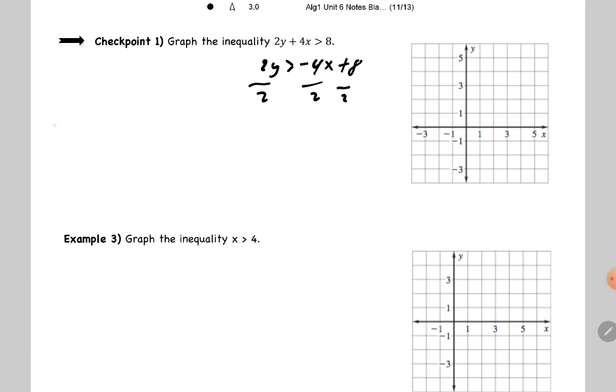So I'll get y is greater than negative 2x plus 4. My slope is negative 2 and my b value is 4. So I'm going to go up to 4 and then go down 2, right 1, down 2, right 1, down 2, right 1. This one's going to be a dashed line.